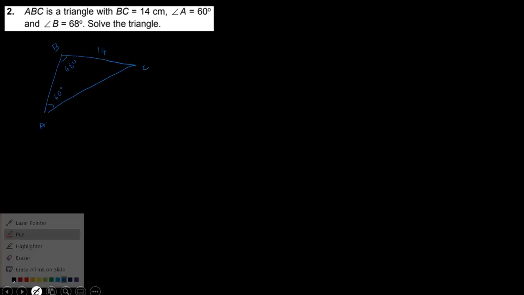Okay, so again, we are given two angles of the triangle, and first we can find angle C, because we know that total angle for a triangle is 180 degree. So we can start with finding angle C. Total angle for triangle 180 minus, we are given angle A 60 degree and angle B 68 degree. So the angle for C is 52 degree.